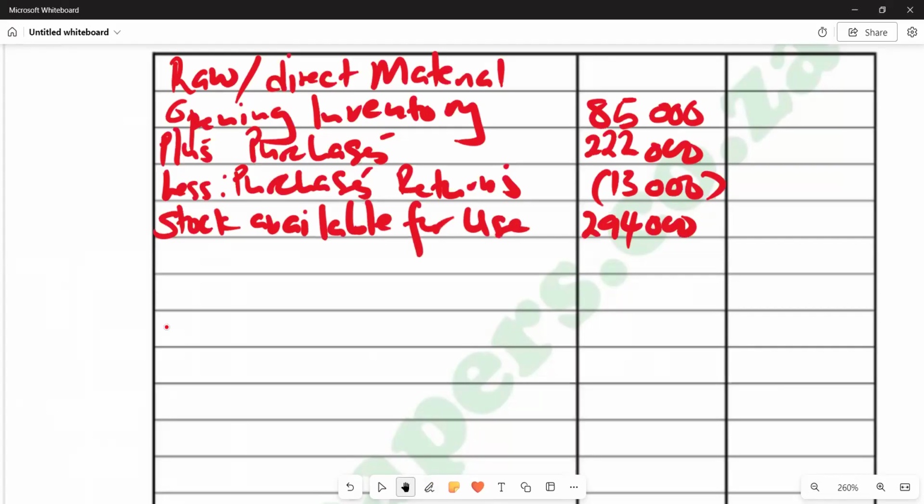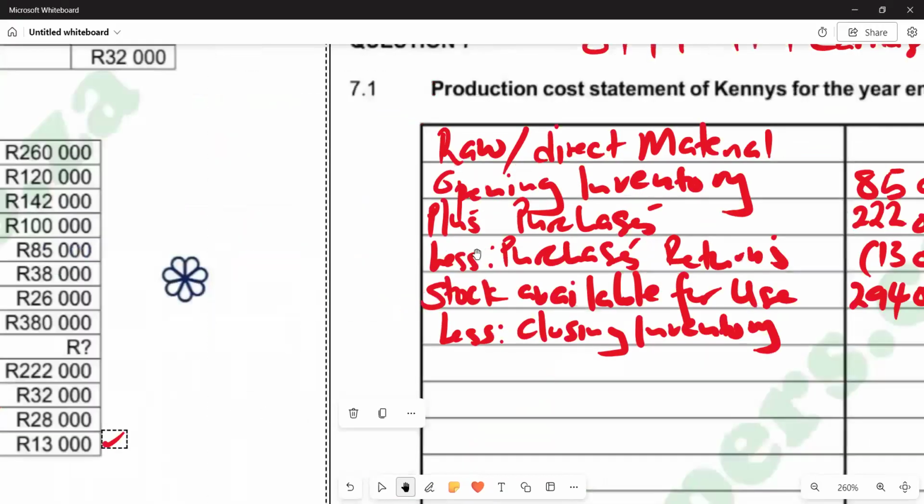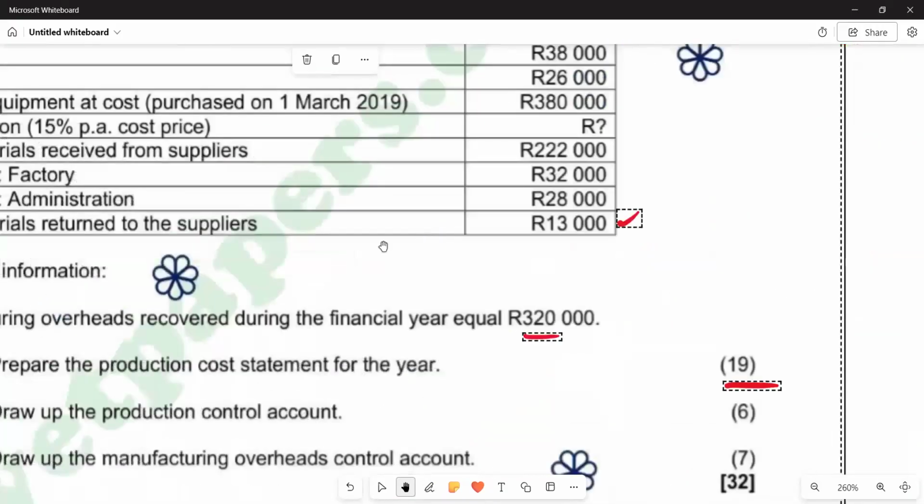And then after that, we are supposed to less our closing stock or closing inventory. We can always find the figures for closing inventory in the additional information. So I will go just below that trial balance and see what we have in terms of our closing inventory.